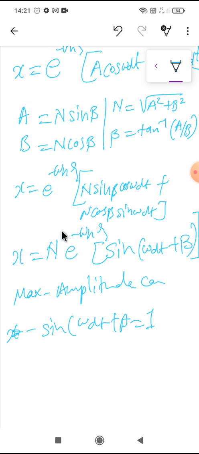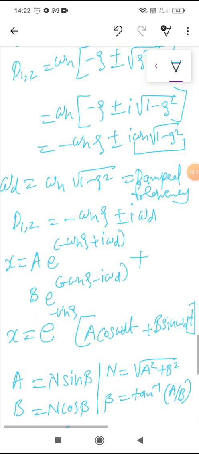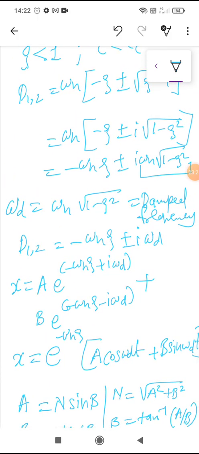This beta and n are just phase terms. Beta is a phase angle and n is just a constant. So this was the solution for the first case, that is when zeta is less than 1. We will see a few other solutions also in the next lecture.